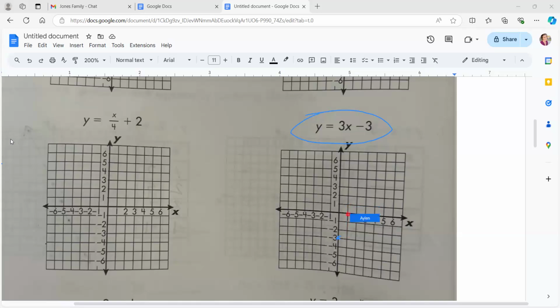And then do it again. Go over 1 and then up 3 again. Good. And then connect those and make a line out of them.